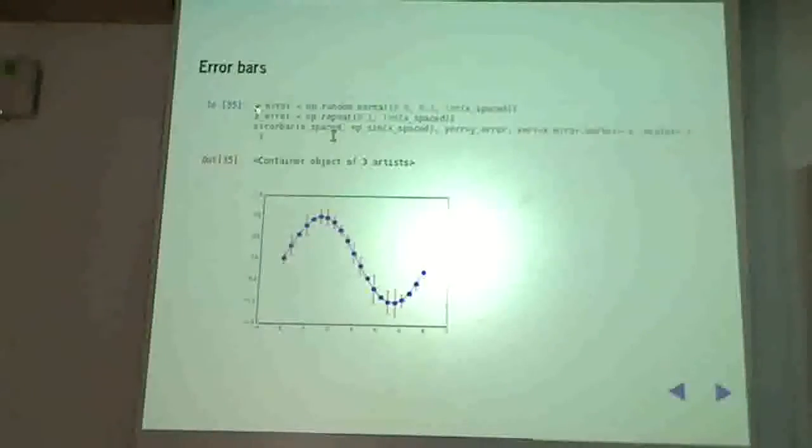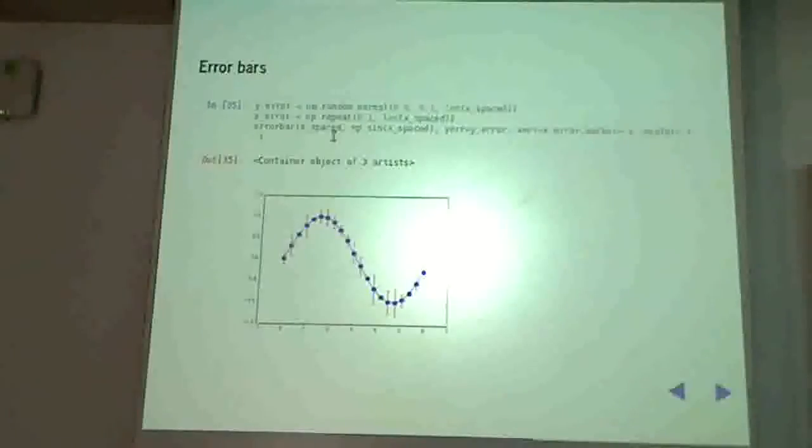Then we plot errorbar equal to x spaced, np.sin of x spaced, y error, x error, marker, color. ecolor gives you the color of the error bar, and marker is a square.